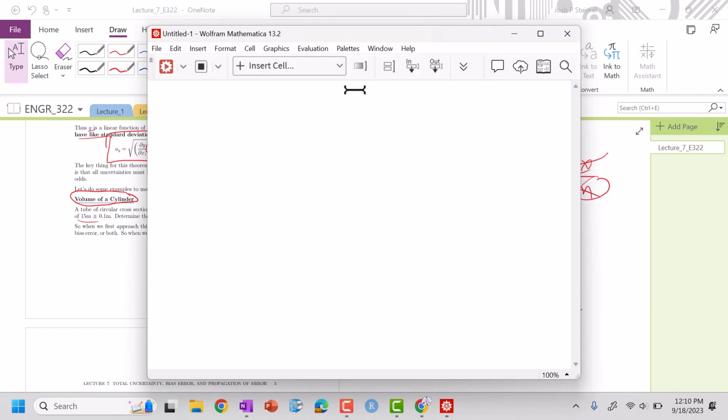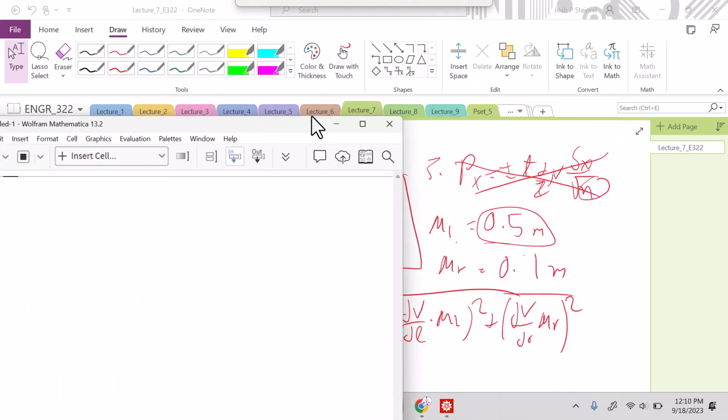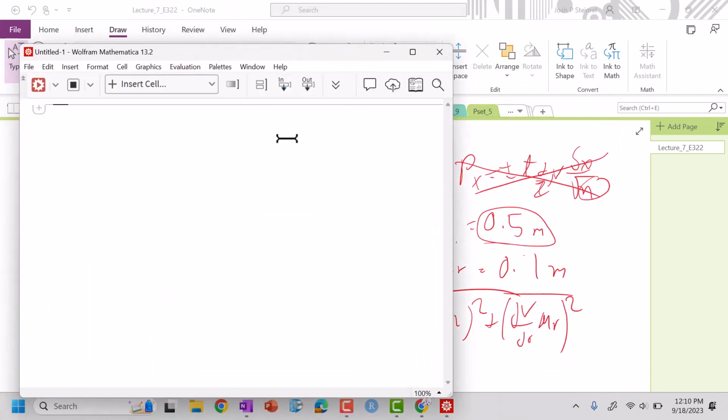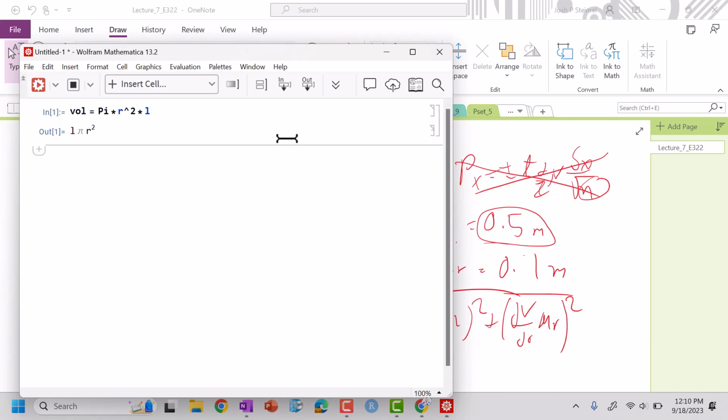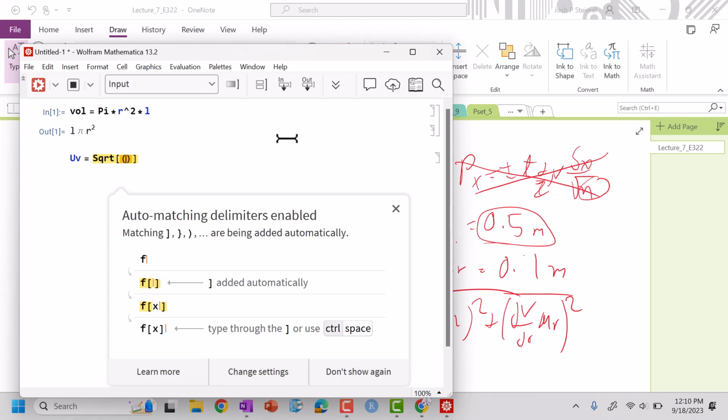And we can go ahead and look at this. Now I can say volume equals pi times r squared times L. And then my uncertainty in the volume is going to be equal to the square root of the derivative of, or you can even break it up into parts.